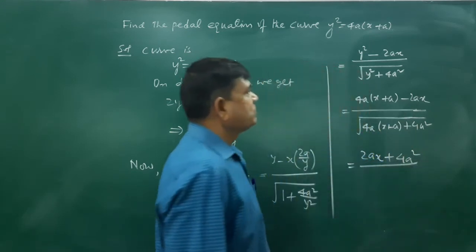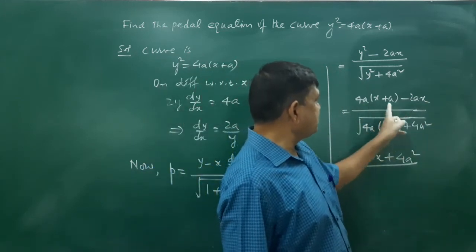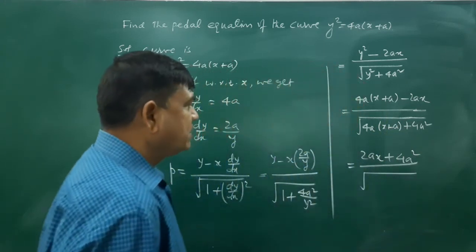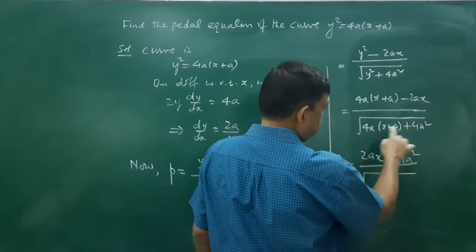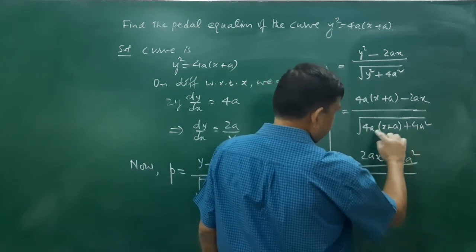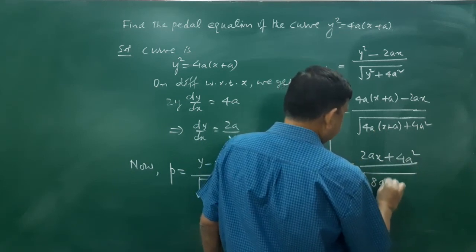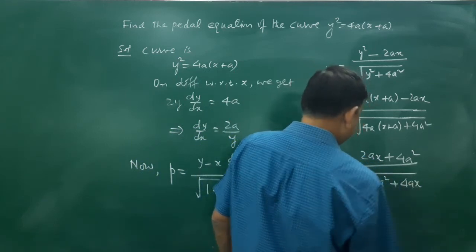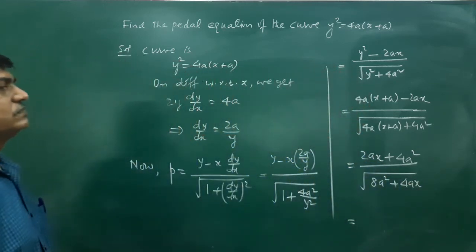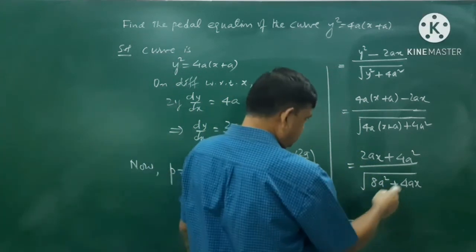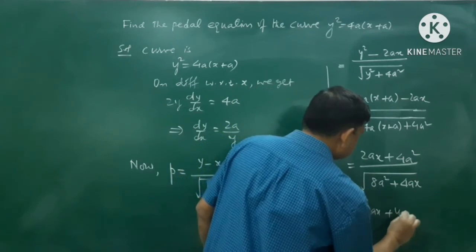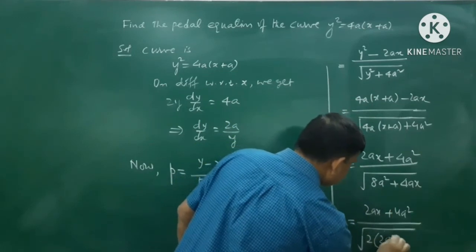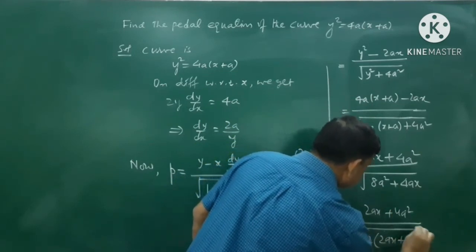Let's see this. 4ax minus 2ax is 2ax plus 4a square. This is under root 4a square plus 4a square is 8a square and plus 4ax. यहाँ से कॉमन ले लेता हूँ. 2ax plus 4a square under root 2 common, so it is 2ax plus 4a square.